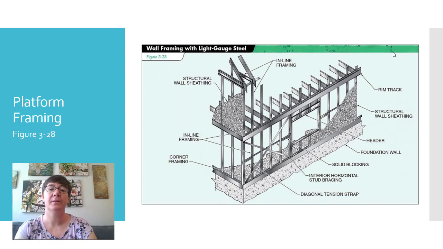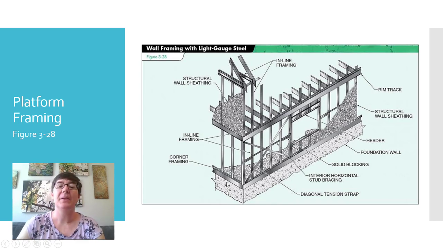Let's compare this to the same platform system, but this one is built not in wood, but in light gauge steel. So you'll hear this called light gauge steel, cold rolled steel, or simply metal framing. They all mean the same thing. And you can tell that this is also a platform system. So here is the concrete foundation in this platform framing system.